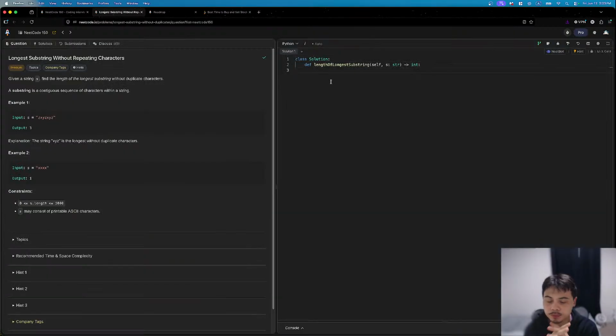Given a string s, find the length of the longest substring without duplicate characters.